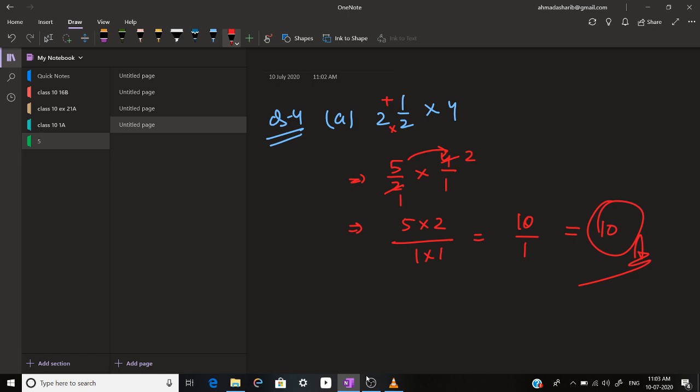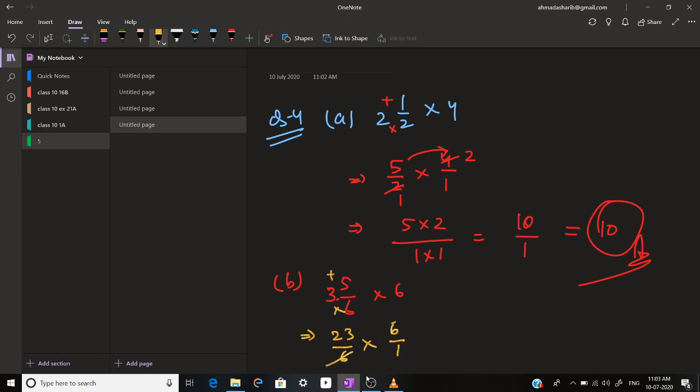Fine. Now B part of question 4 is 3 whole 5 upon 6 into 6. Okay, 6 into 6. Now what you have to do, change this mixed fraction into improper. 3 6s are 18. 18 plus 5, 23 upon 6 into 6 upon 1.